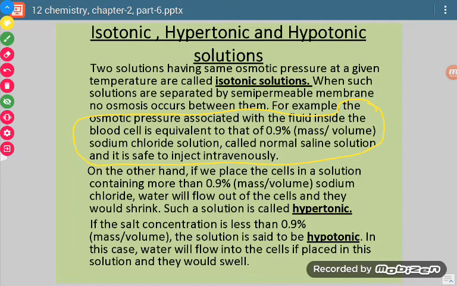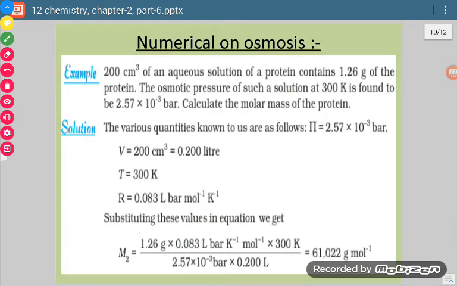This blood cell liquid will be termed as hypotonic in respect to that saline solution, and that saline solution will be termed as hypertonic. So these are comparative terms. This we have to remember properly.